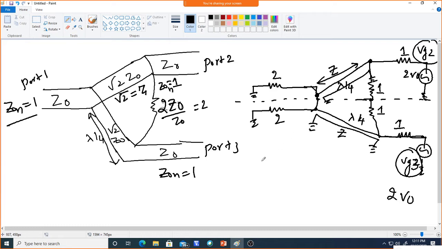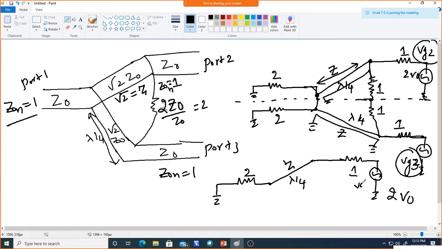So now if we rewrite that in the open circuit format, you will get the resistance 2, and here you will be having a Z value, which is having lambda by 4, and here again you will be having the resistance 1, and you will be having a source, and this will be VG2, which is equal to 2 V0.